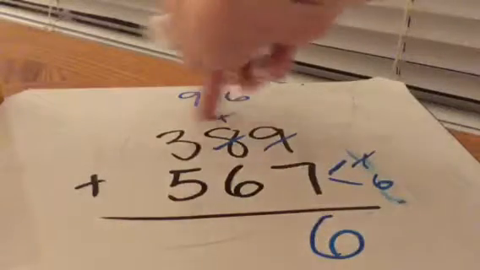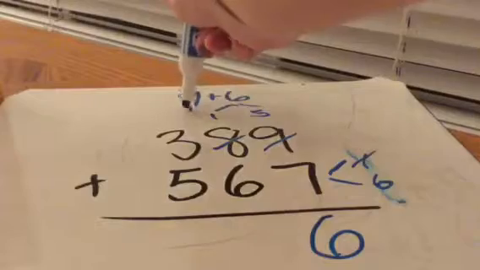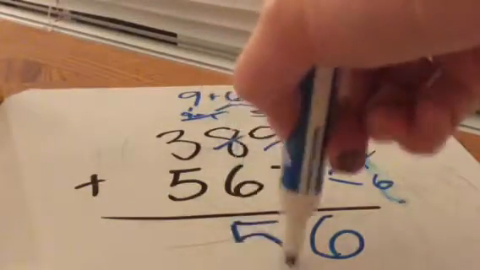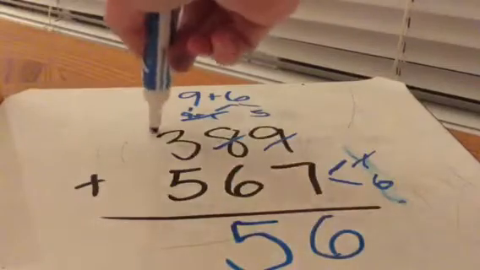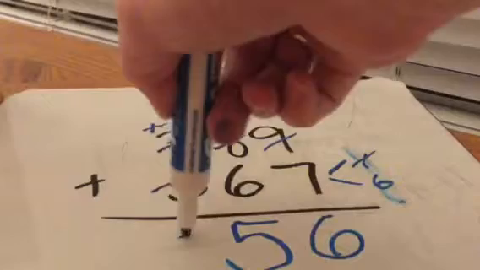I'm going to break 6 into 1 and 5. 9 plus 1 is 10, plus 5 more is 15. 1 plus 3 is 4, plus 5 is 9.